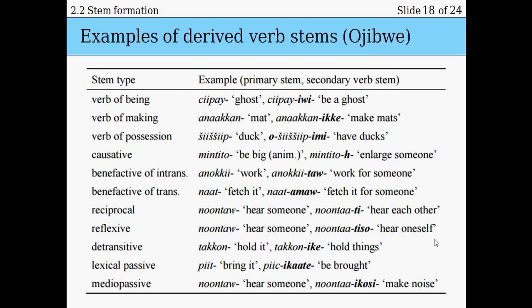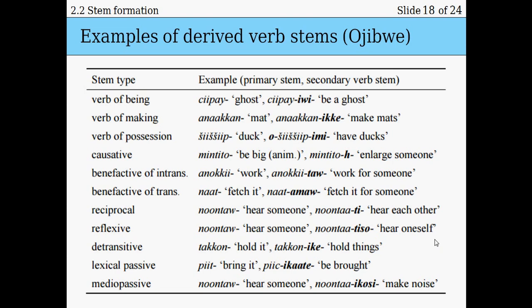Verb of making: take a noun stem like anakan, mat, and add a suffix ike, and you get anakanike, to make mats. Verb of possession: you can go from a noun meaning duck to a verb that means to have ducks. So those three were derived from nouns.